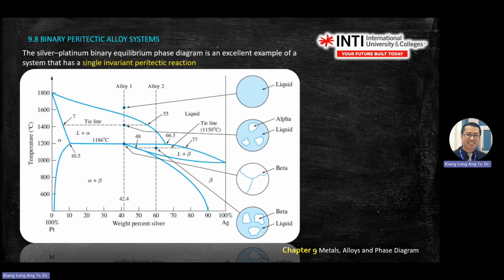The third one is over here. At this point, you already reached the maximum point of no more liquid, but it starts to go into alpha plus beta, or you can say 100% beta here, pointing at this one. You go to here.